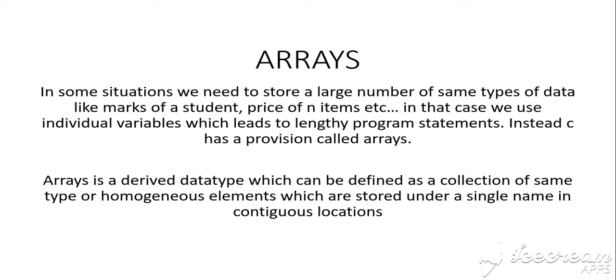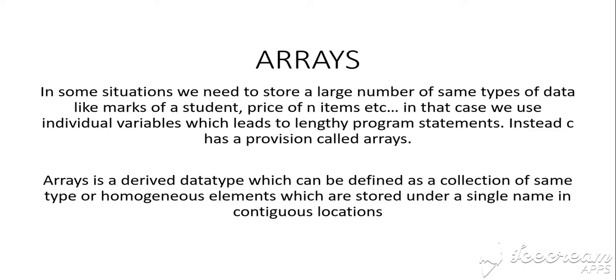So in order to reduce the length of the programming statements, or to make programming easier, the concept of array was introduced. An array can be defined as a derived data type, and it is used as a collection of same type or homogeneous elements which are stored under a single name in continuous locations.